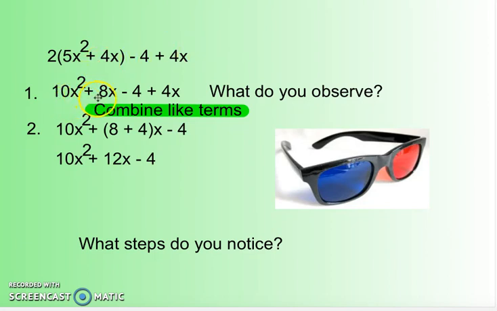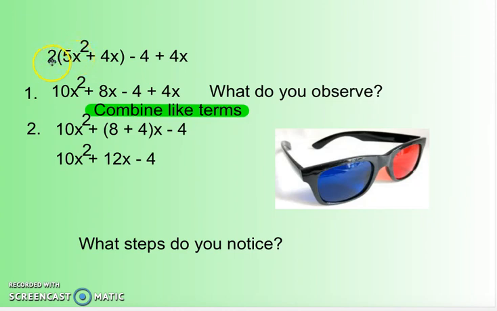How did I get these numbers? Because I notice up here I don't have a 10 and I don't have an 8. So where did those numbers come from? Yeah, you're absolutely right.